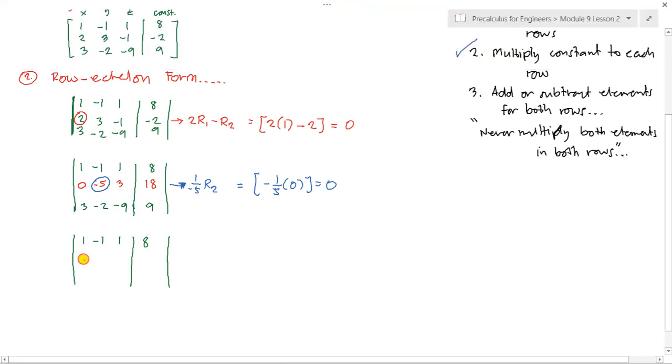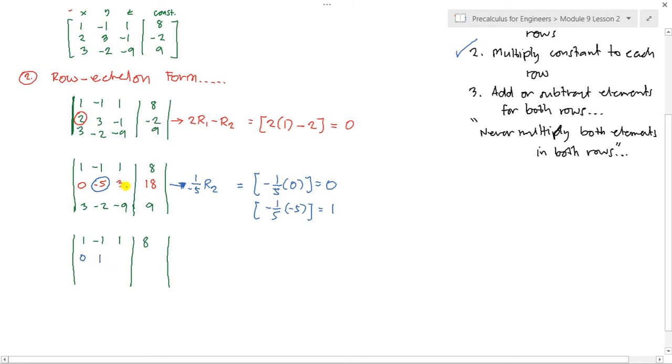Now for the second row, negative 1/5 multiplied by negative 5. What would be the answer? This is equal to 1. So put here 1.